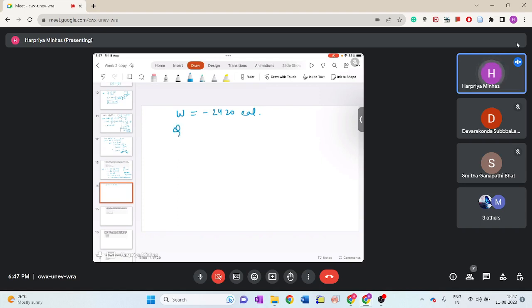For the Q, we have the equation W equals del U plus Q, and now we have these values. Now put them here.